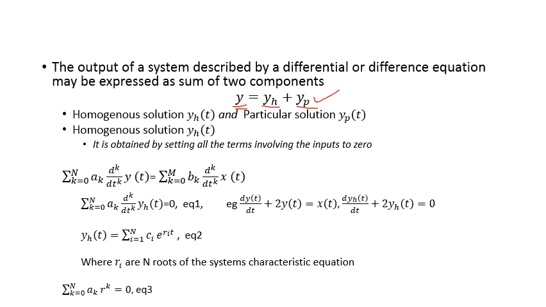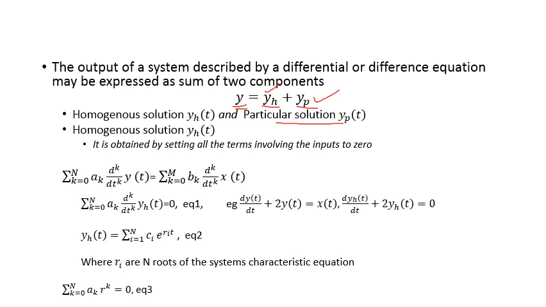So we can write it separately also. For continuous time system we can write y(t) equals y_h(t) plus y_p(t), and similarly for discrete time case we can write y[n] equals y_h[n] plus y_p[n], where h represents the homogeneous solution and p represents the particular solution.